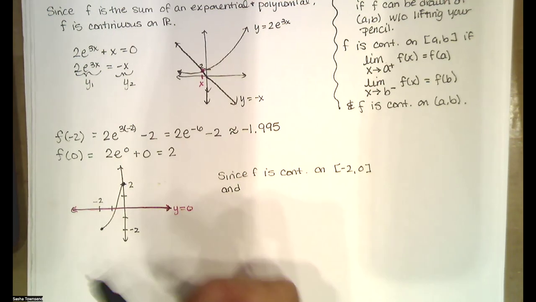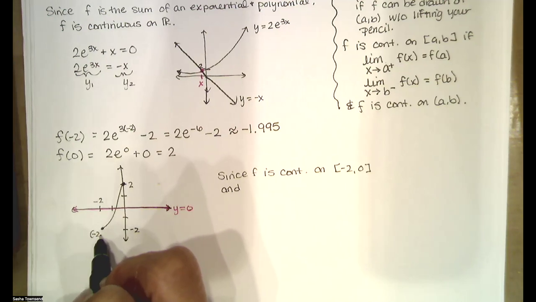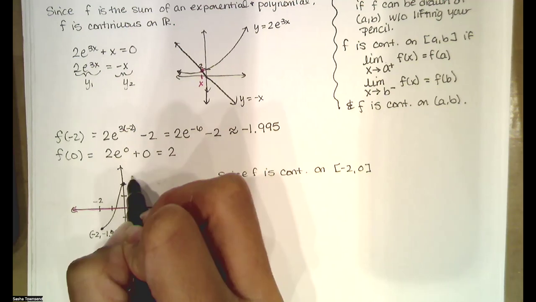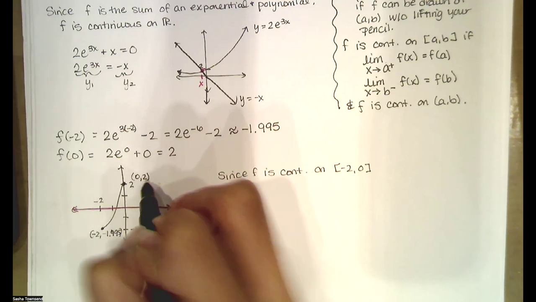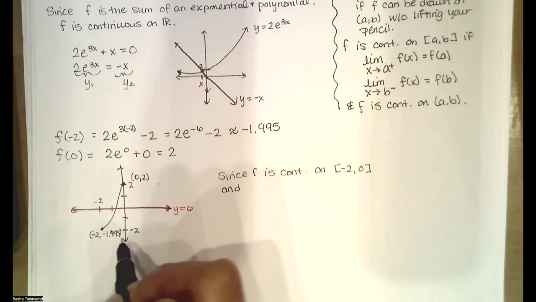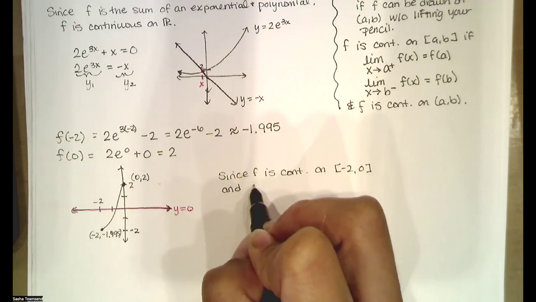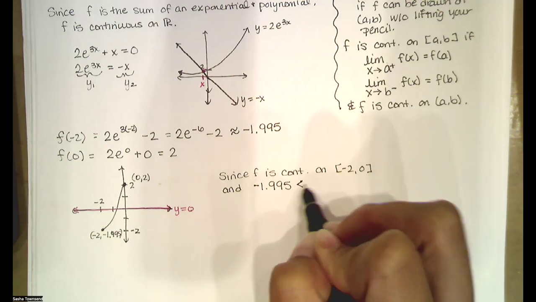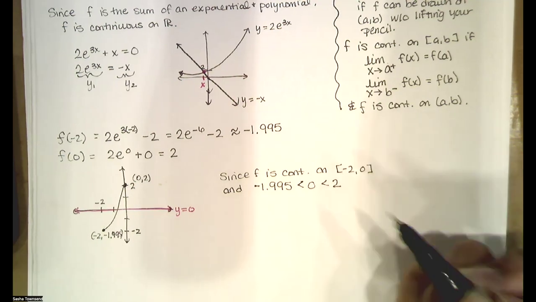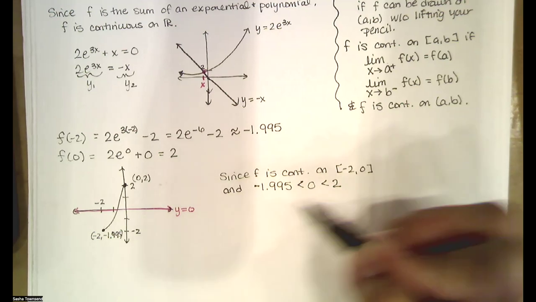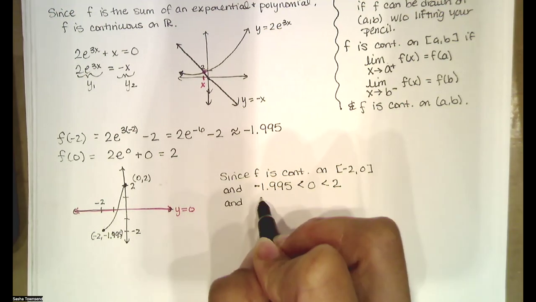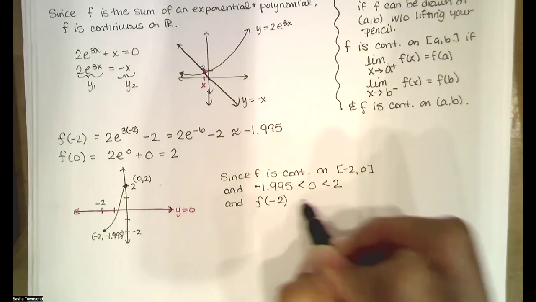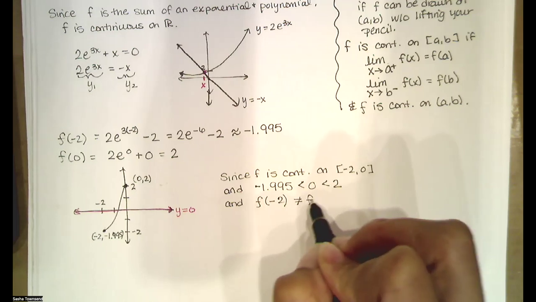That 0 is in between the y value at this point, which was approximately negative 1.995, and the y value at this point, which was 2. So 0 is in between those two y values. And of course, f of negative 2, that was that number, is not equal to f of 0.